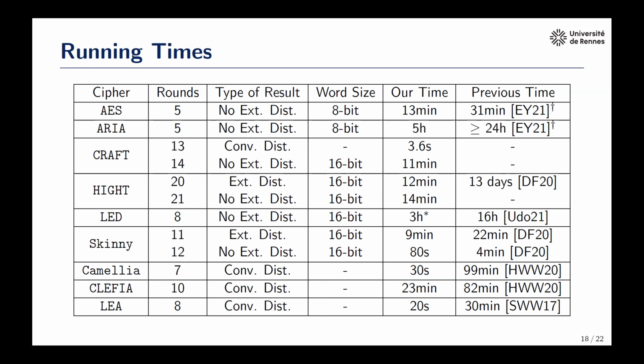So, for instance, for HEIGHT, it's really, really faster for all of them. So basically, in conclusion, we improved the modelization, the models enough so that MILP leads to the best running time.